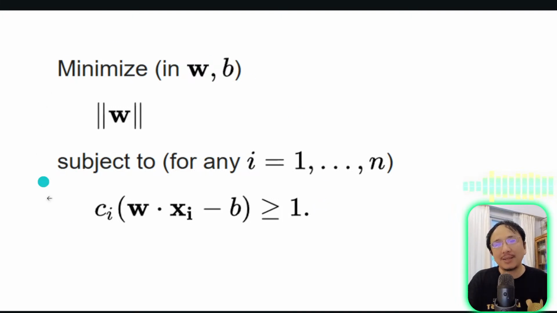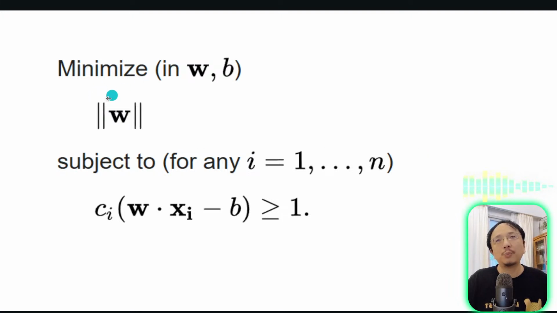Okay, so that's the whole optimization problem we wish to solve in order to optimize our support vector machine. So the weight is W, and maybe you have a B right here, but you don't need to optimize the B, you just want to find the B that satisfies this condition.